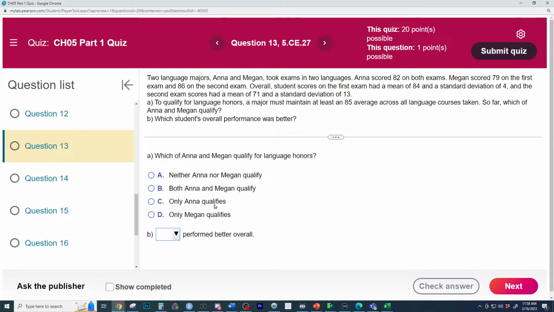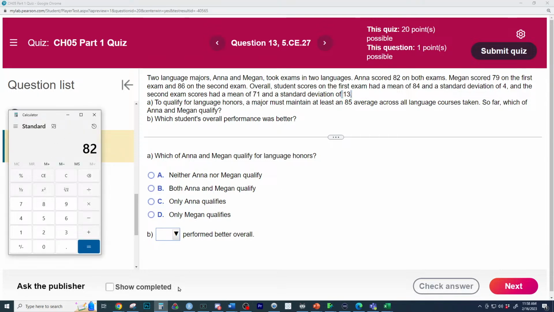Anna scored an 82 on both exams. Megan scored a 79 on the first, 86 on the second. Overall student scores on the first exam were an 84, so Anna was a little below average. Anna's Z-score is 0.5, and the second exam had a standard deviation of 13. What is her Z-score on that one? 82 minus 71 divided by 13. So her Z-scores are 0.5 and 0.8.